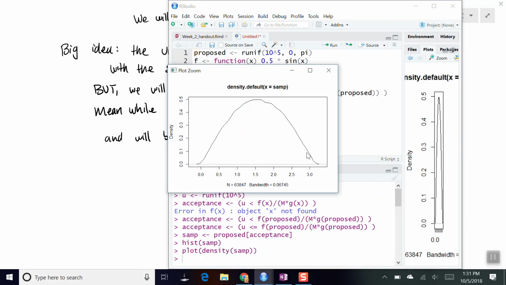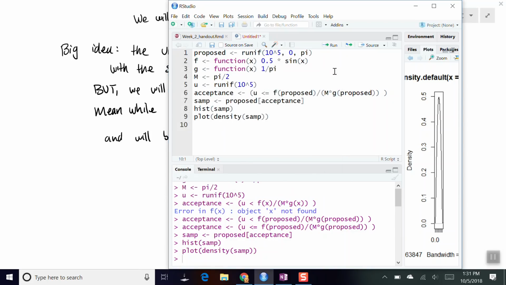That'll look a lot like what we're going for. So we're proposing values here on the uniform, and then we calculate this acceptance ratio, and then we only keep the proposed values where the random uniform is less than the acceptance ratio.